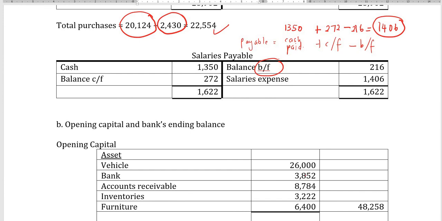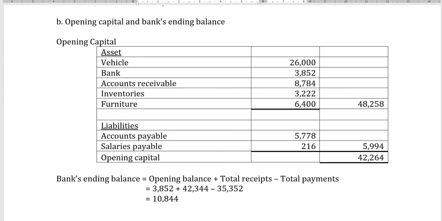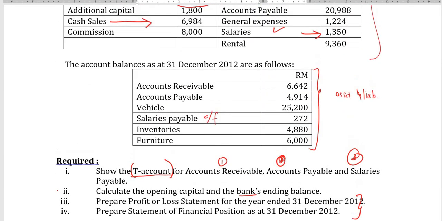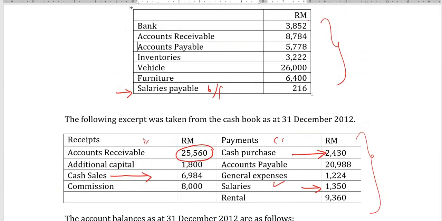Okay, so you need to find the beginning capital. This is opening, or sometimes in the question you come across with this word, beginning capital. Okay, so ini aset awal, senaraikan jumlah, dapat total assets minus total liabilities, so you akan dapat opening capital. Okay, you need to find the balance for your bank. Okay, so balance untuk bank, you are given here balance BF.